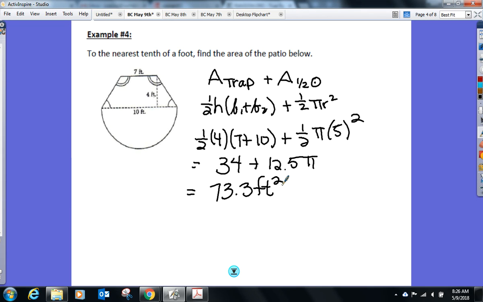Questions? Okay, in your group right now, let me see example 5 with the rhombus and the 3 half circles. You're going to have to use some properties here. Leave your answer in terms of pi. See what you can do in your group.